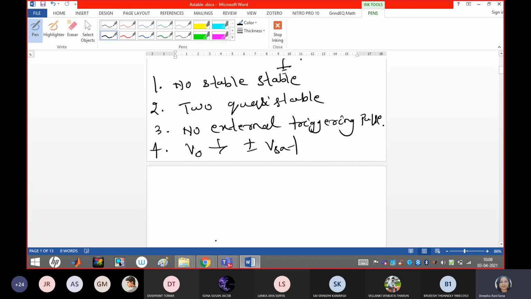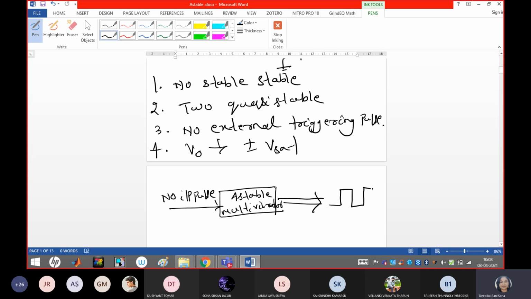In the block diagram representation, suppose this is our astable multivibrator. What is the input? No input pulse, but still we get the output swinging between plus Vsat and minus Vsat levels.